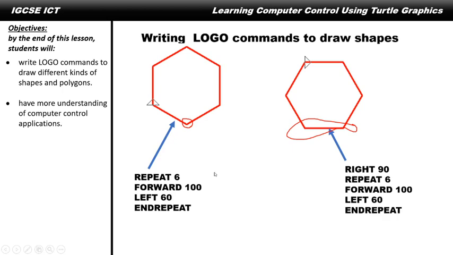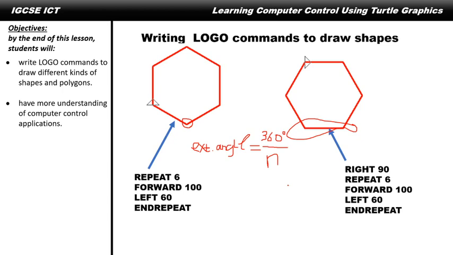From your elementary mathematics, you were taught that the exterior angle is equal to 360 degrees over n, where n represents the number of sides.